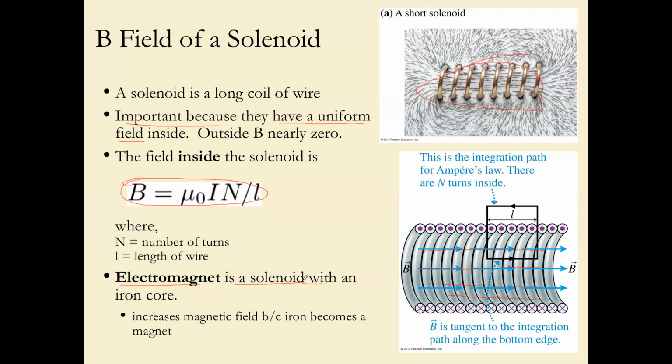Electromagnets usually consist of wire wound into a coil, and in the center there is a metal, which is iron. Those electromagnets increase the magnetic field, since the iron becomes a magnet when you pass a current through those coils.